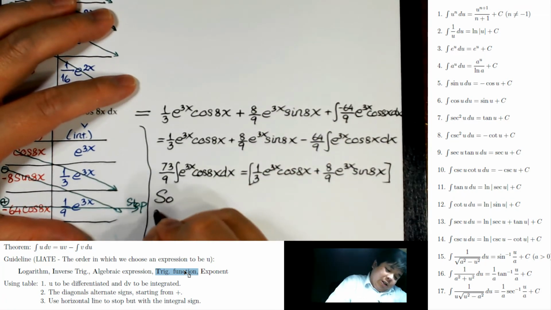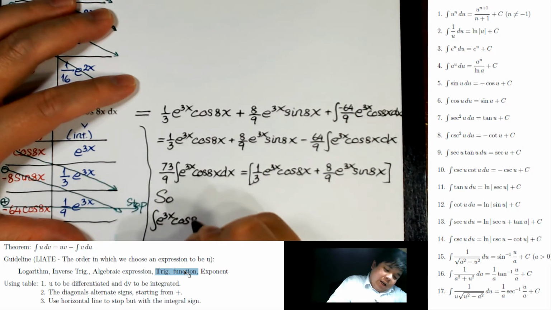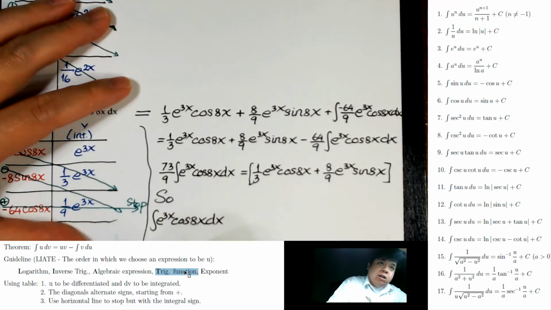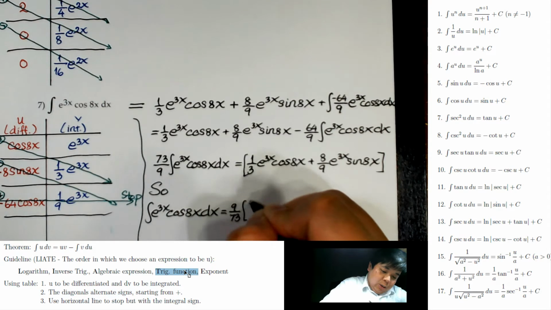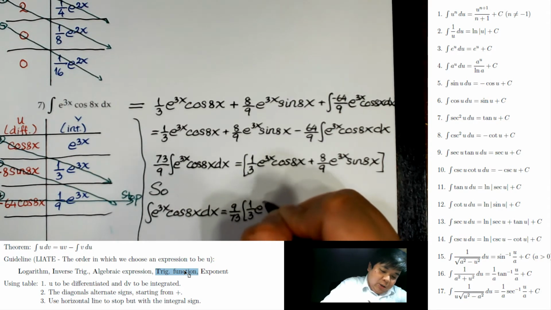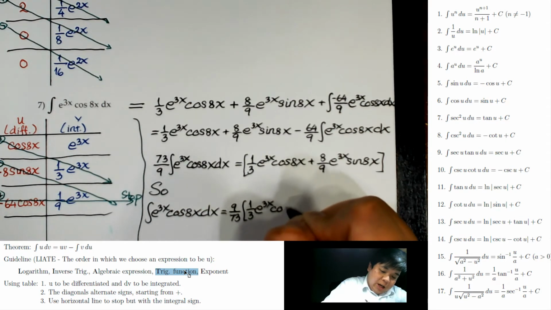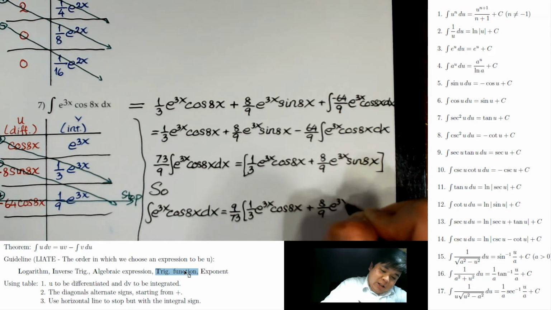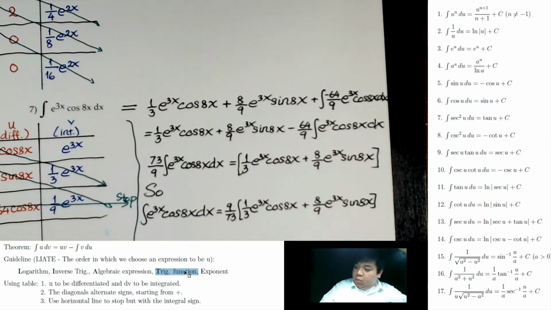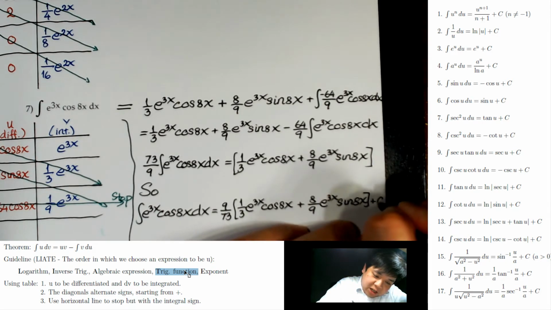So the integral of e to the 3x cosine ax equals 9 over 73 times 1 over 3 e to the 3x cosine ax plus a over 9 e to the 3x sine ax. Of course, plus a constant C at the end.